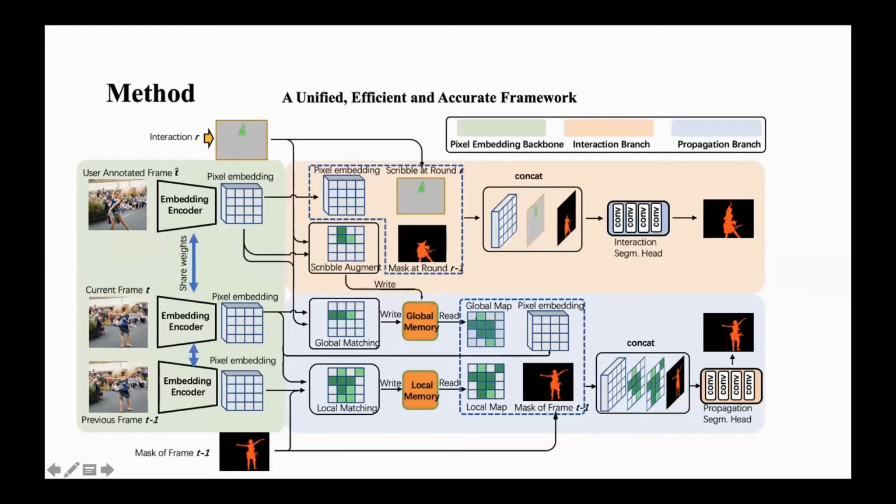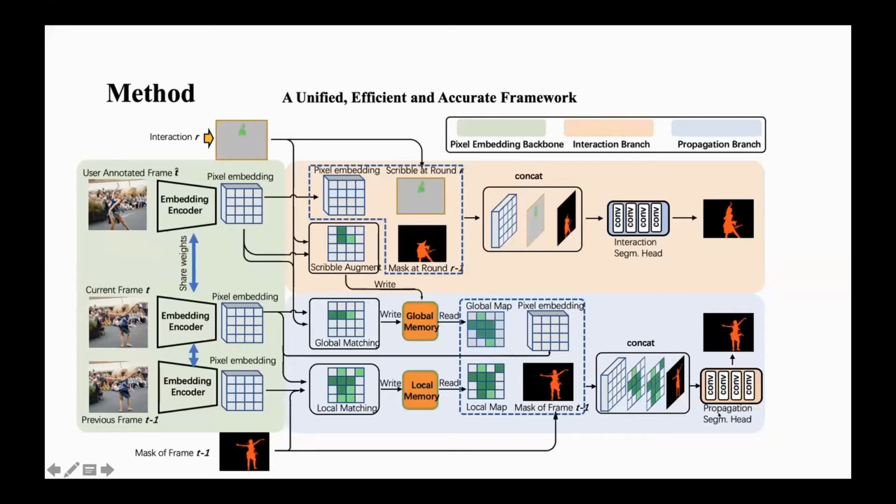We read the aggregated local map and global map from the memories, and we concat the global map, local map, the pixel embeddings of the current frame, and the predicted mask of the previous frame.